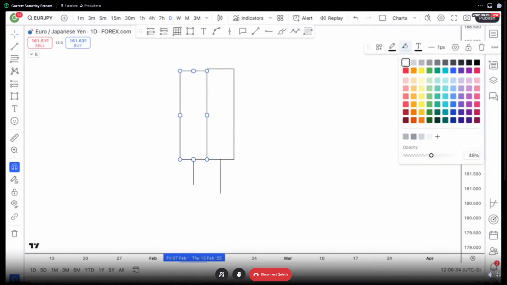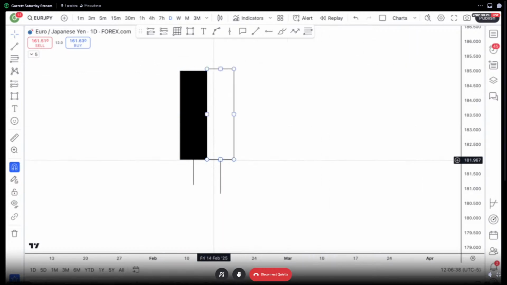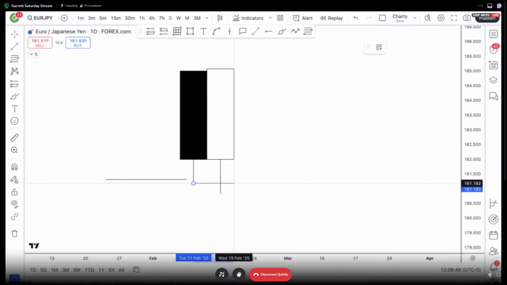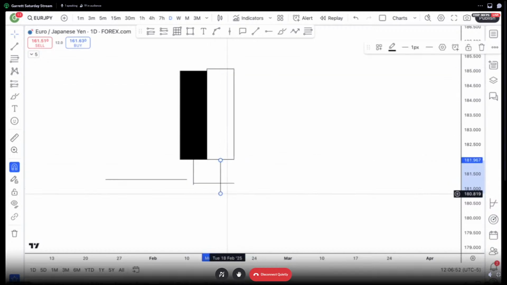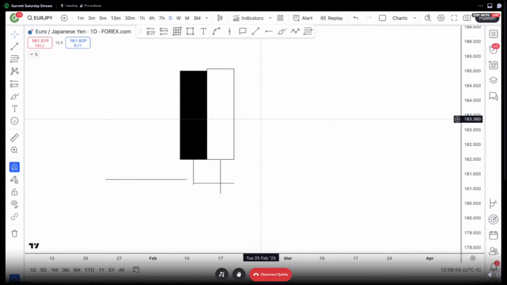Let me make this black here. So let's say this is our key level. Sweep out this low. So there's this way a reversal candle can form, and this is the only one we want to trade, and that is reversal into expansion.